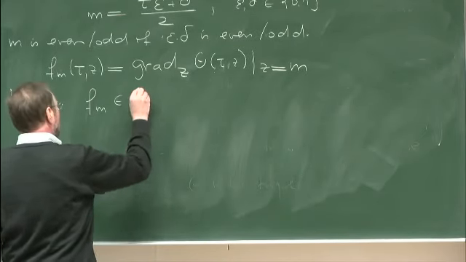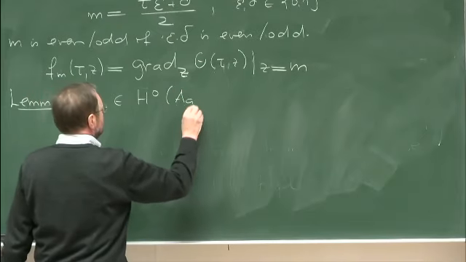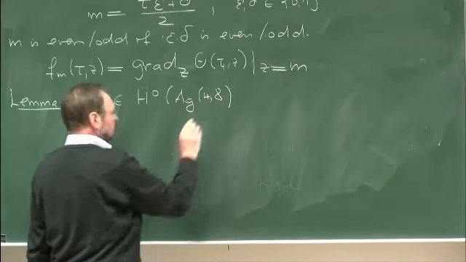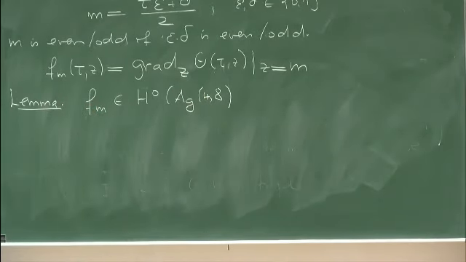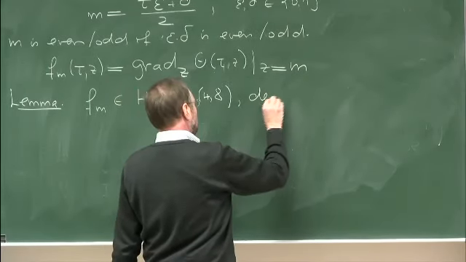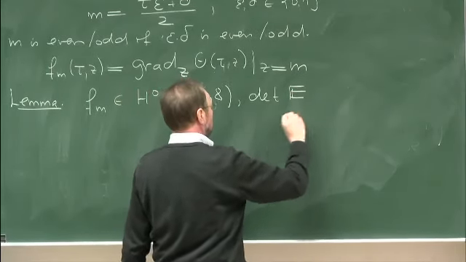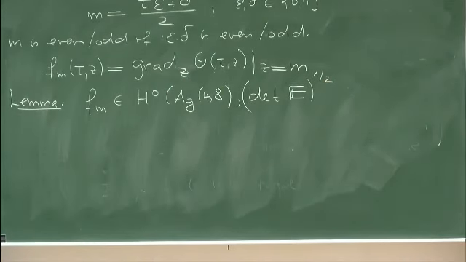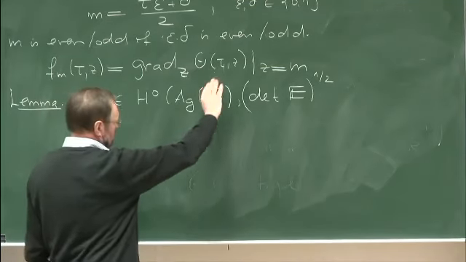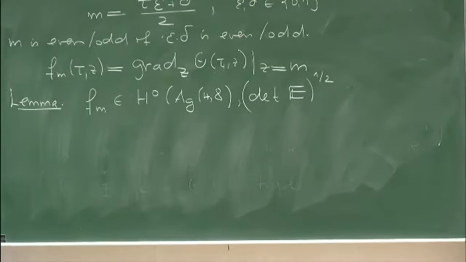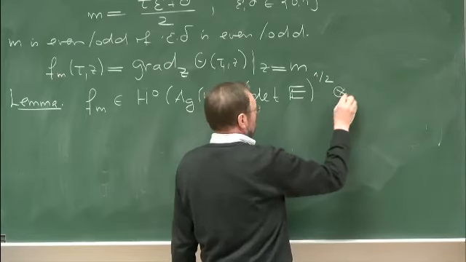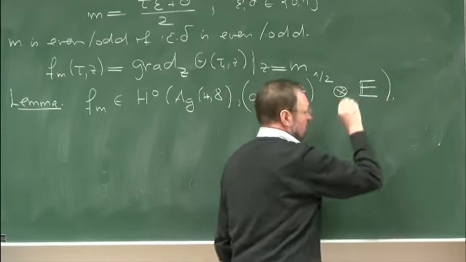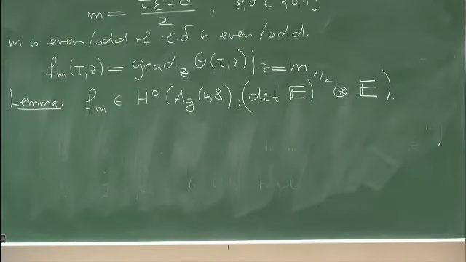If I am on A_g(4, 8), so I need some level cover for that to hold, then this is a section in the following vector bundle: determinant of the Hodge bundle to the 1/2, meaning I take a root of the determinant of E, and the one we take here is the one where the theta constants are sections of, tensor E. Okay, that can be checked very easily.